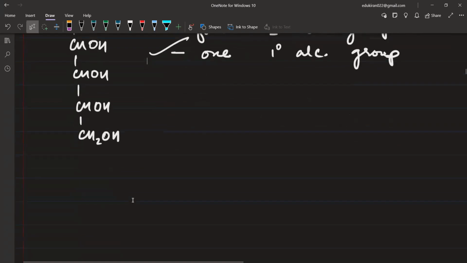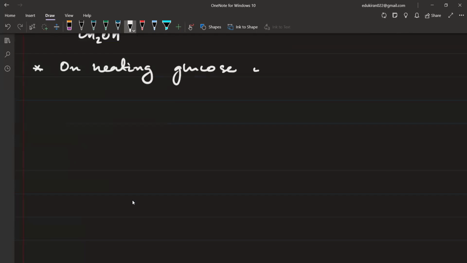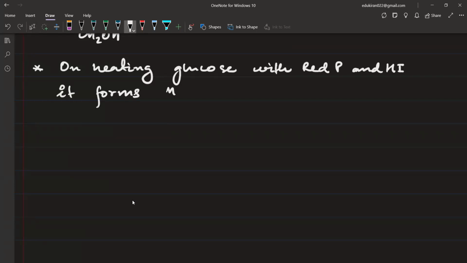First of all, the reaction that was given was the reaction with red phosphorus and HI, heating with red phosphorus and HI. Please write. Write it like this: on heating glucose with red phosphorus and HI, it forms N-hexane.